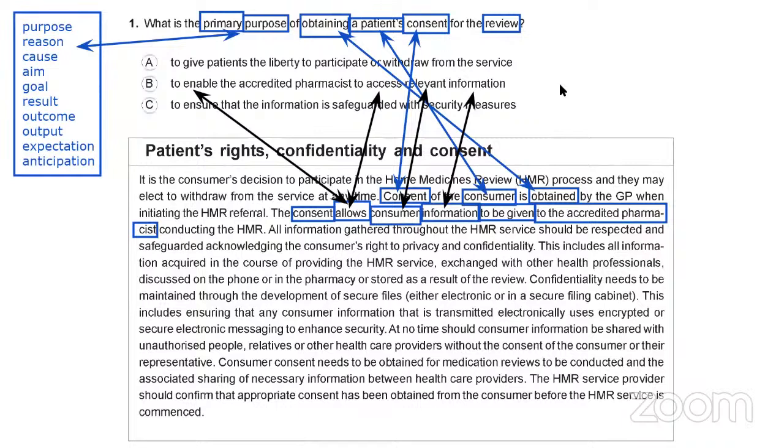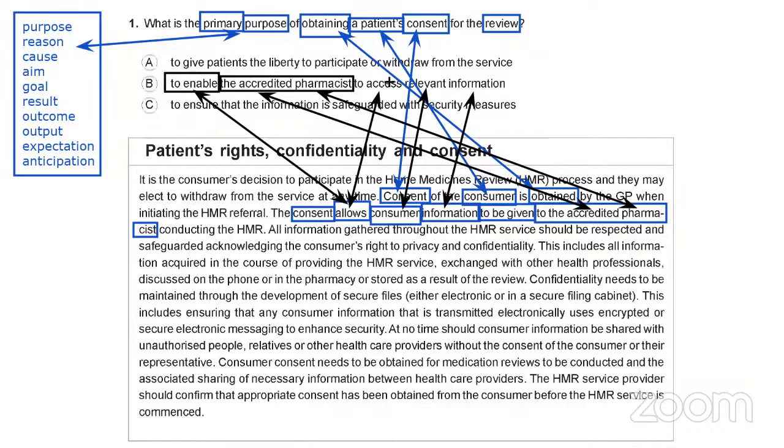Now, accredited pharmacist. Now you can see it very clearly there. Now let us see. To enable means allow, permit. So the accredited pharmacist is here.